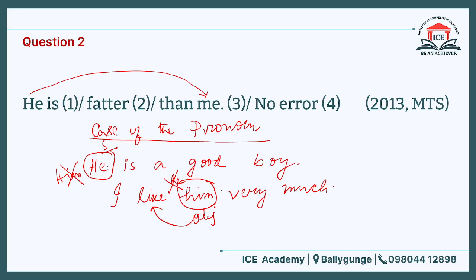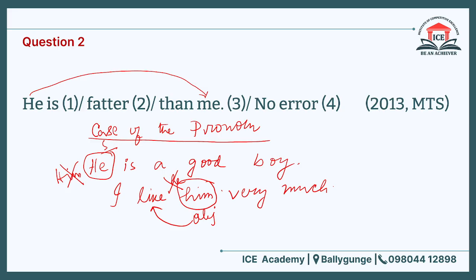Why? Because some pronouns are only used as subjective case, or what we call the nominative case of the pronoun, and some pronouns are always written as objective case, right? You cannot use a subjective case pronoun as objective case or an objective case pronoun as subjective case.